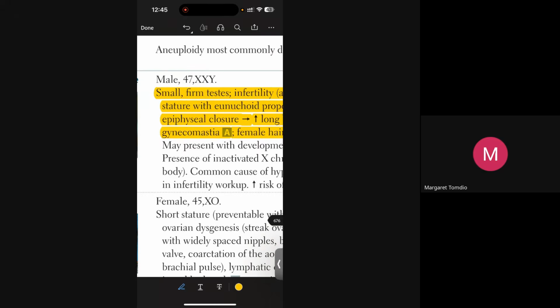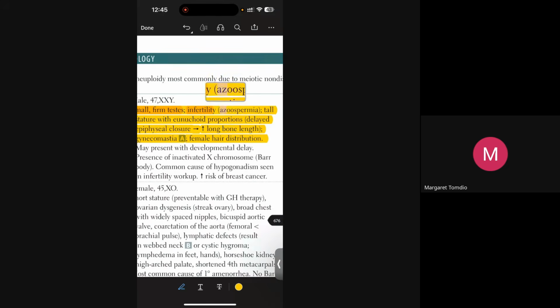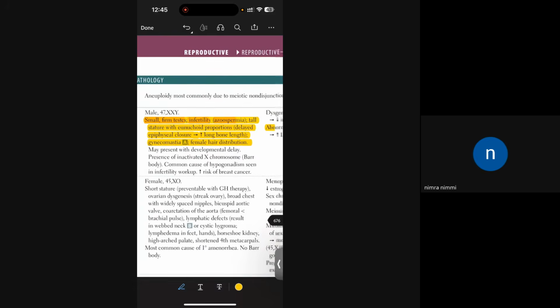Small firm testes are present in our patient. Infertility is also present: azoospermia. Azo means absent sperm, absolutely absent, not decreased. Tall stature with long extremities: our patient is 6 foot 2 inches, and his extremities are abnormally long.